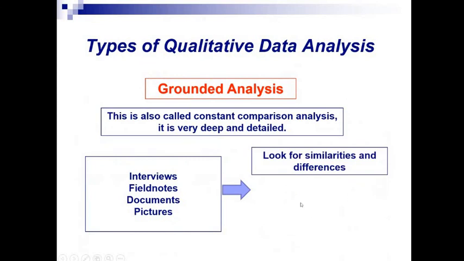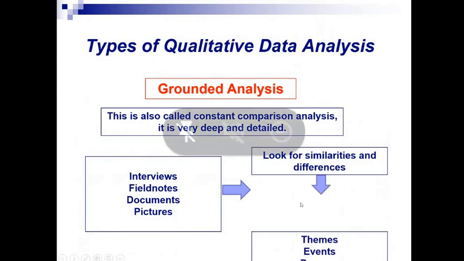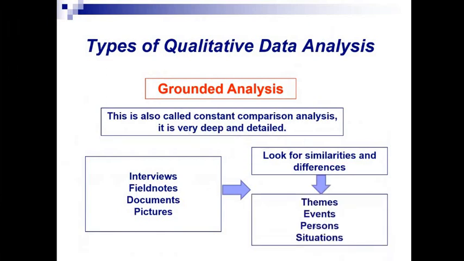Look for similarities and differences in relation to events, persons, and situations that can be reflected as your themes or categories. So again, in grounded analysis, we use multiple sources of data and even go through multiple rounds of data collection so that you will be able to look for similarities.